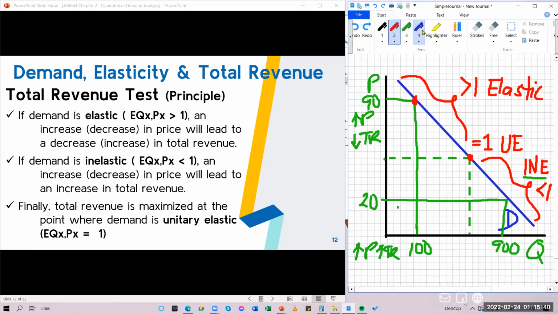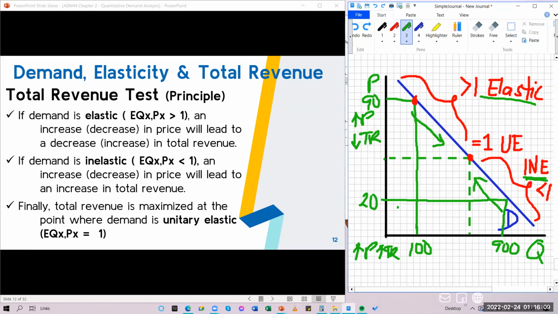How about the UE? We are done with elasticity and inelasticity. How about unitary elasticity? For unitary, the best time to have unitary elasticity is when your price and your quantity are going to the center.